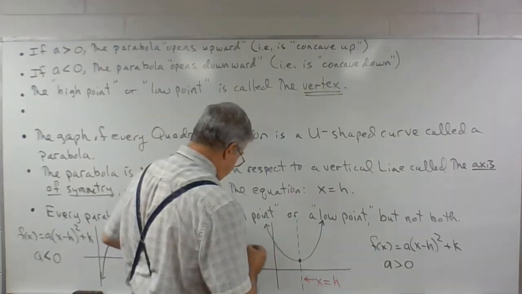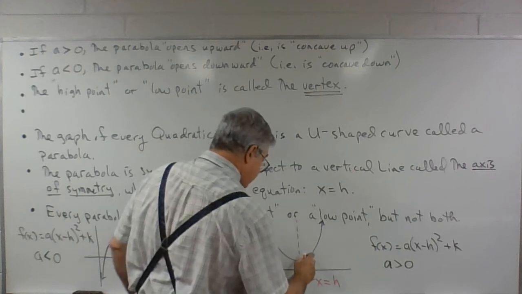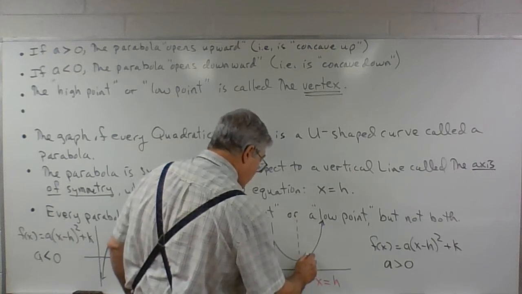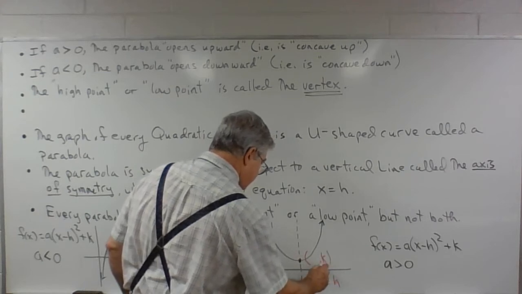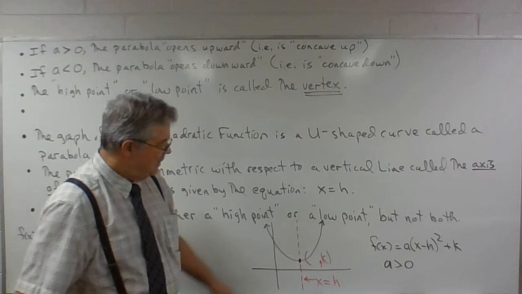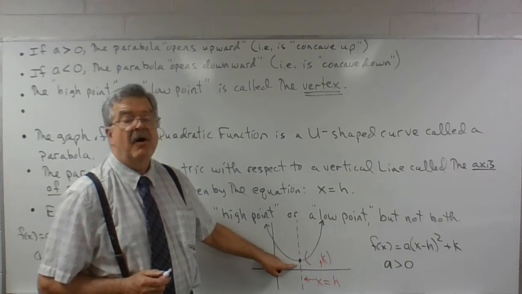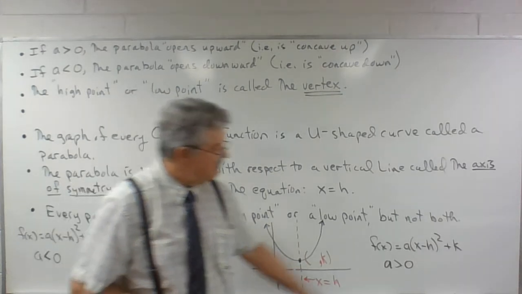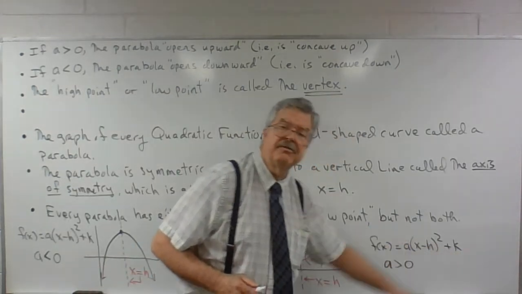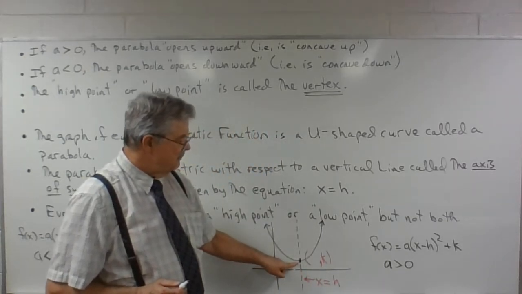So I guess the y coordinate of this vertex is k. Originally, this vertex was sitting on the origin. But remember, we shifted it up k units. So this is the y coordinate of the vertex now.